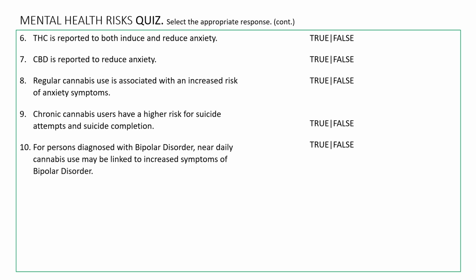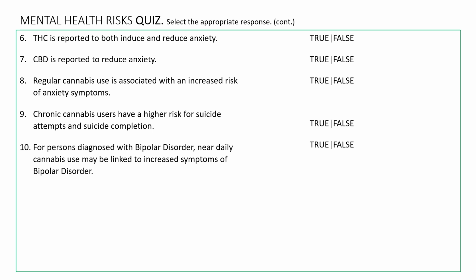Number 6, THC is reported to both induce and reduce anxiety. True or false? True. Number 7, CBD is reported to reduce anxiety. True or false? True. Number 8, regular cannabis use is associated with an increased risk of anxiety symptoms. True or false?